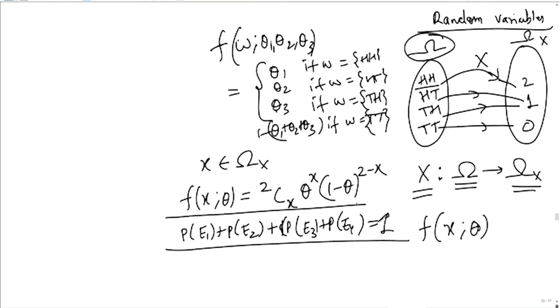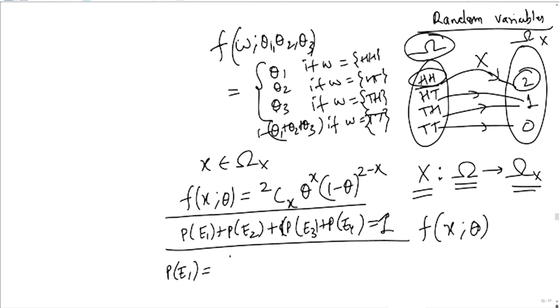So, based on this function, what is probability of E1? E1 is an elementary event containing HH. So, what is probability of HH based on this function? HH corresponds to outcome 2, basically a value of x equal to 2 here.